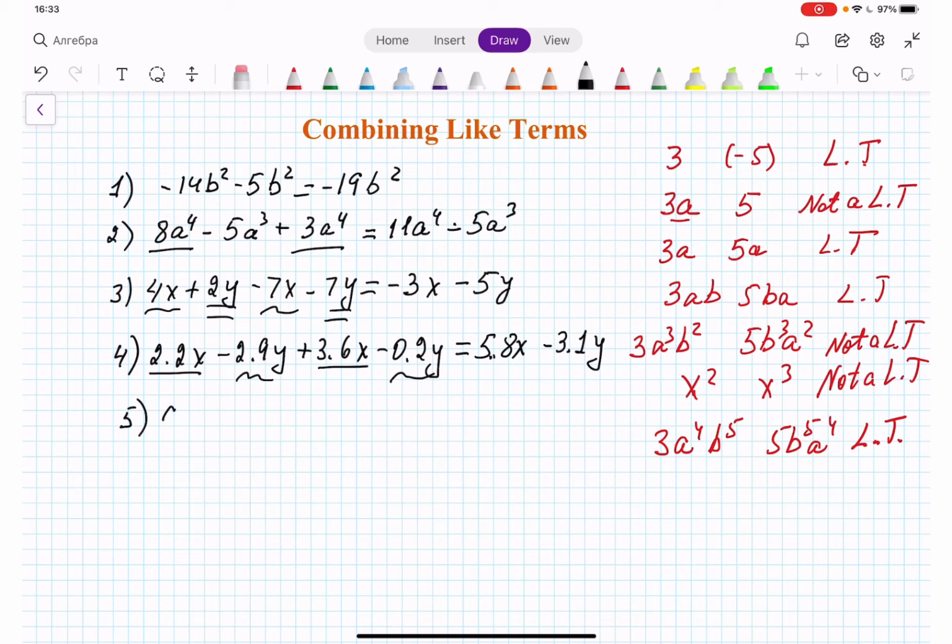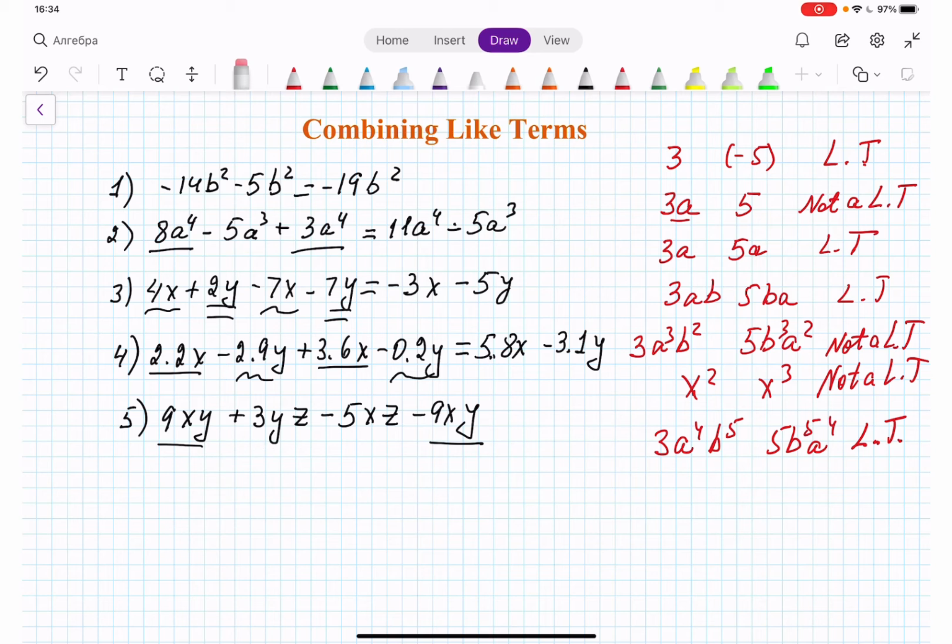Question number 5. 9xy plus 3yz, I'm sorry, minus 5xz minus 9xy. Okay, 9xy and negative 9xy, they are like terms. 3yz, here we have 5xz, not yz.